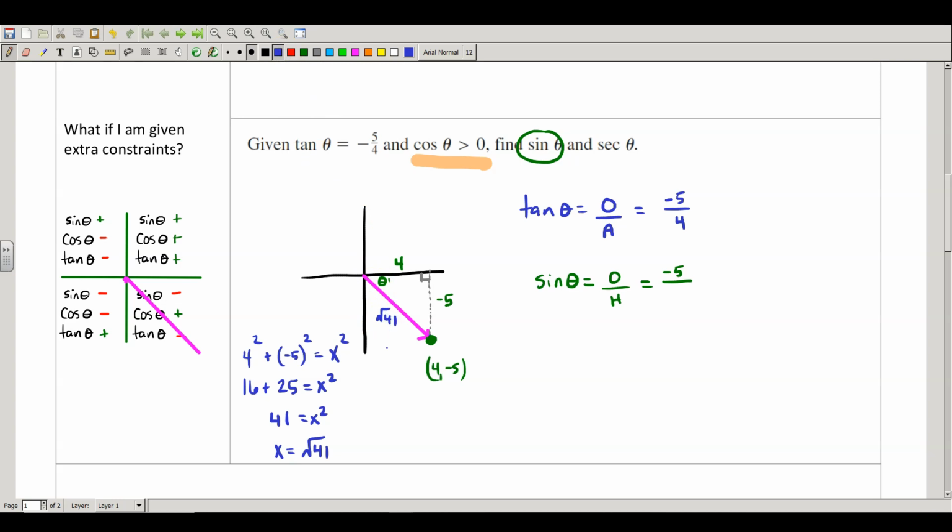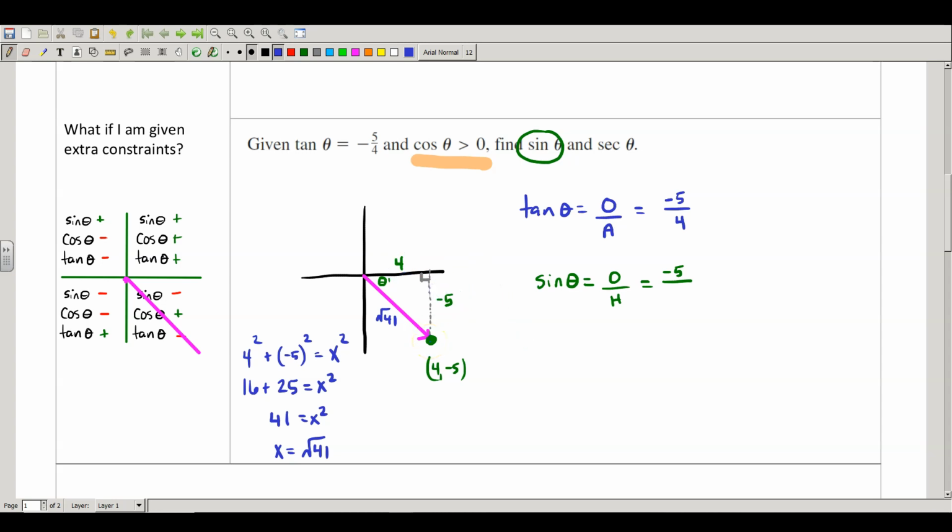Now when we think about that hypotenuse, or that radius, in unit circle terms, we're always going to think of that as positive. The only things that can be negative in this setup would be the possible x or y values, and that depends on what quadrant we're in.